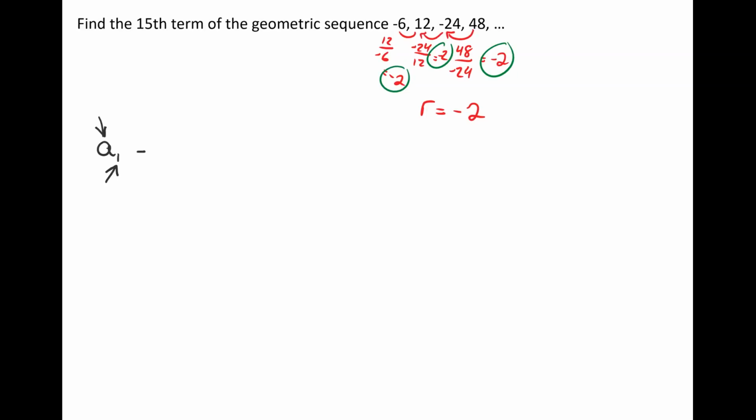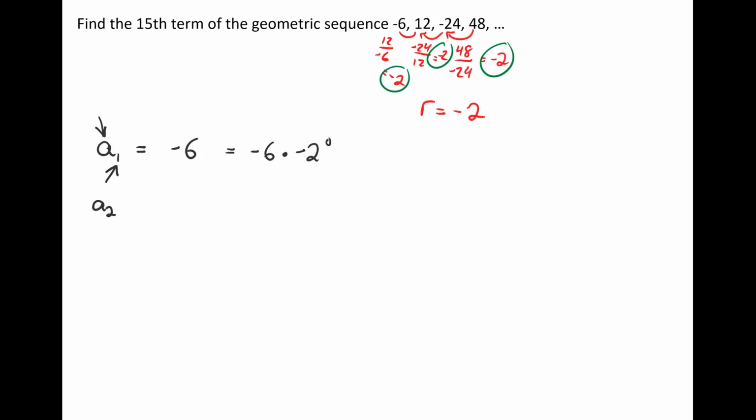That's my 1. a sub 1 is equal to negative 6. That's the first term. I'm also going to write it like this. Negative 6 is equal to negative 6 times negative 2 to the 0th power. Bear with me while I'm writing it like that, but negative 2 to the 0th power is just 1, so negative 6 times 1 is negative 6.